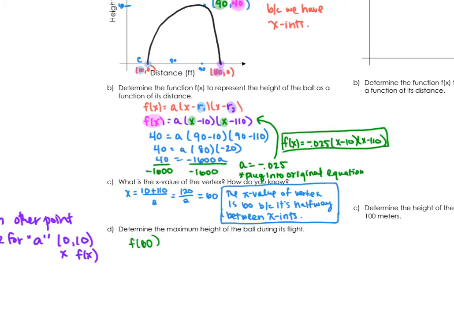We're going to take 60 and plug it in for x right there and there. So it's going to be negative 0.025, 60 minus 10, and 60 minus 110. If you put that in your calculator, you get 62.5.